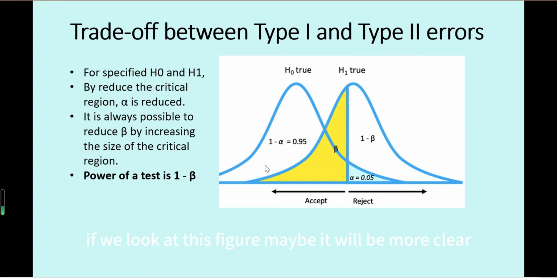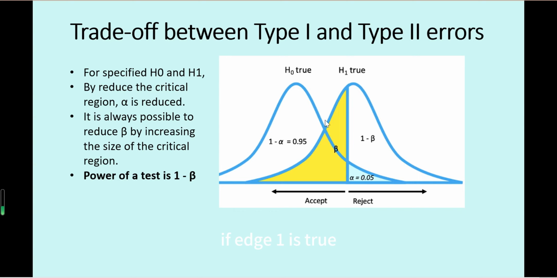If we look at this figure, maybe it will be clearer. First, if H0 is true, this density curve represents the distribution of the number of positives from a sample of 20 on the x-axis.